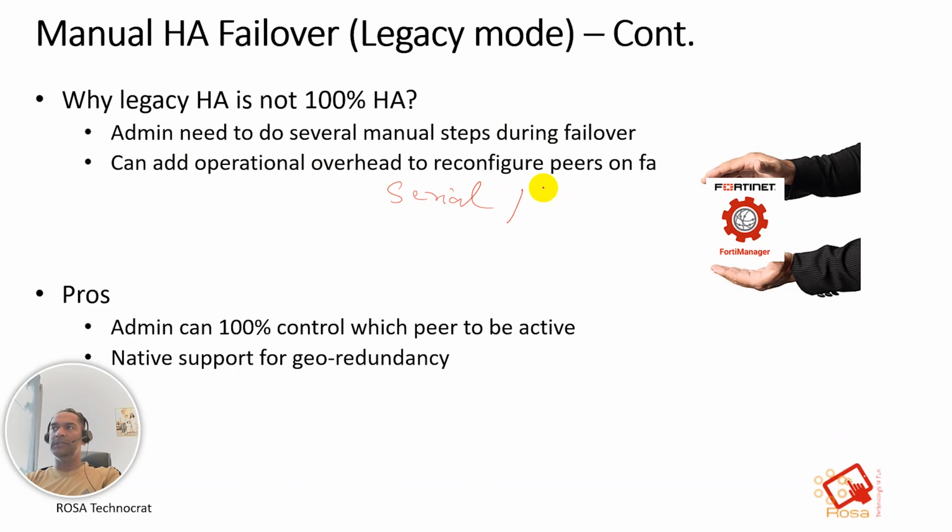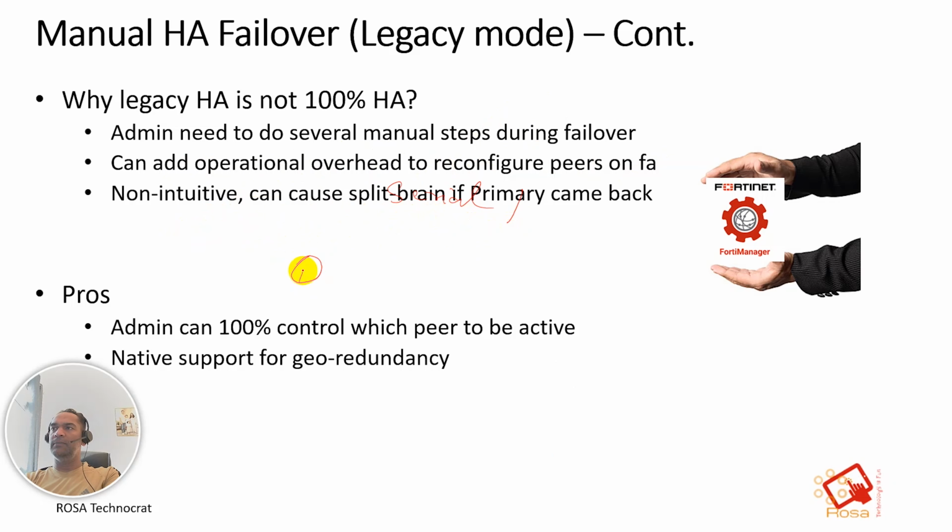It can add operational overhead to reconfigure peers on FortiManager and FortiGates. And it's non-intuitive, and can cause split brain if the primary came back. So let's say this is FMG1 and then FMG2. Now, this was primary earlier, this suddenly went down and you pointed everyone to this.